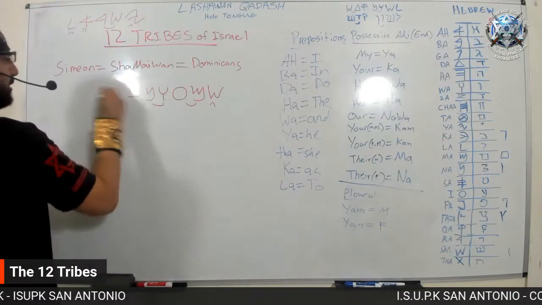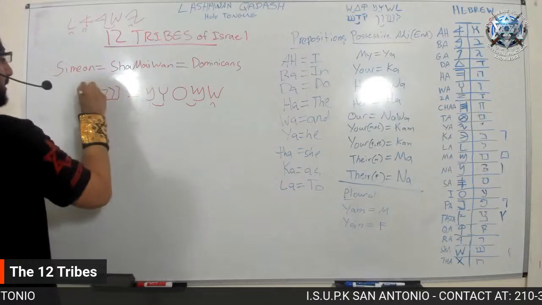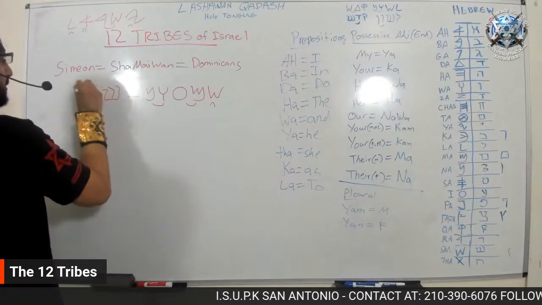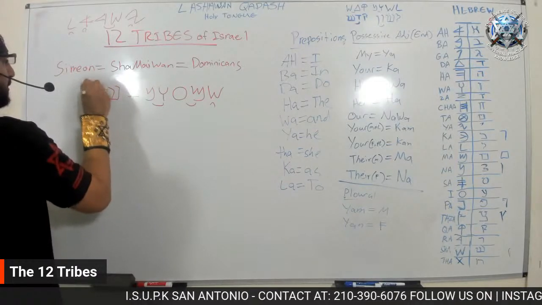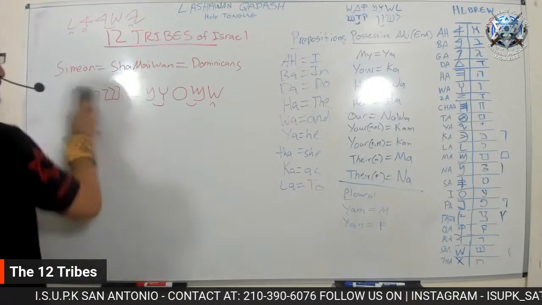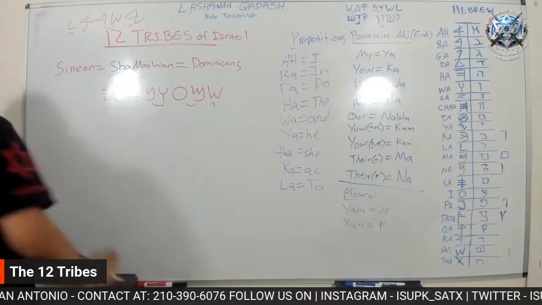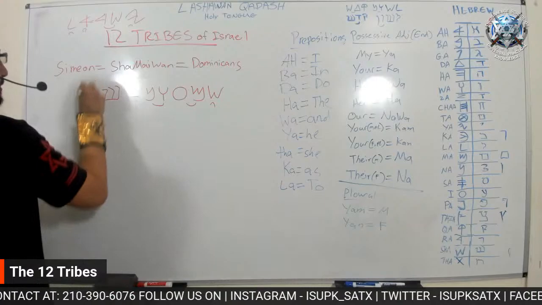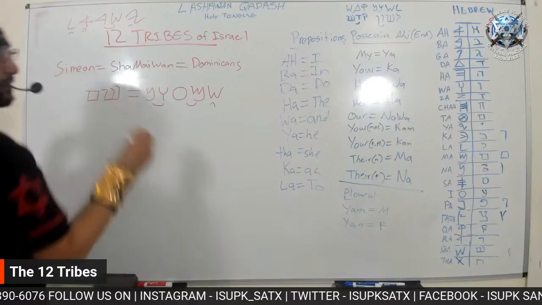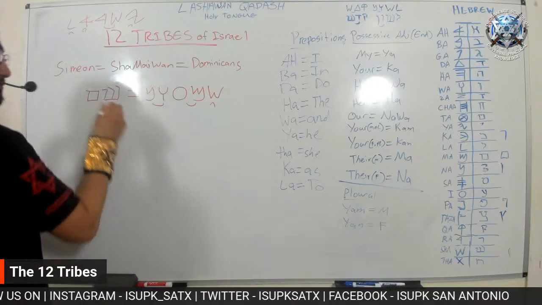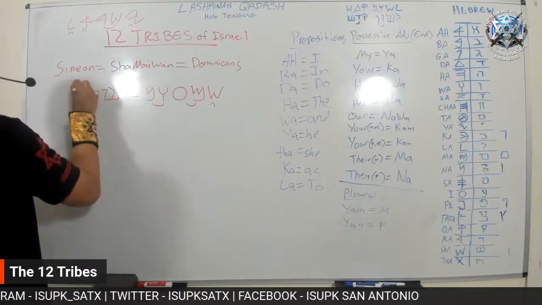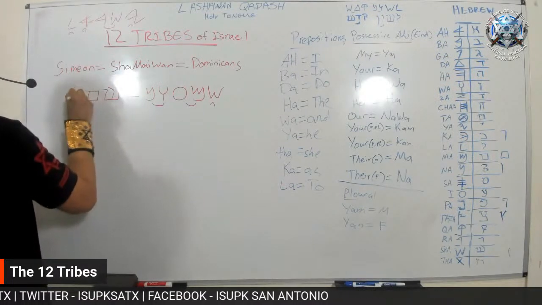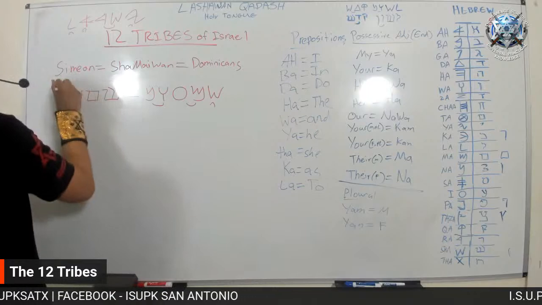So Shah, right? And then Ma. 29 and 33. Shammai.